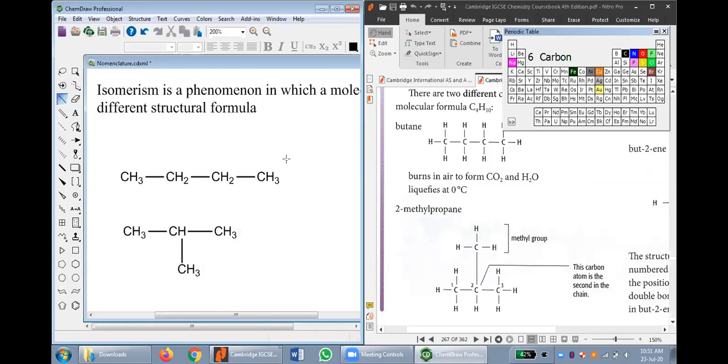Take a look at the formula on the top. It has 4 carbon atoms and 10 hydrogen atoms. And if you take a look at the formula at the bottom, it also has 4 carbon atoms and 10 hydrogen atoms. Take a second, count all of the atoms to make sure that I'm talking about the same formula as you do.